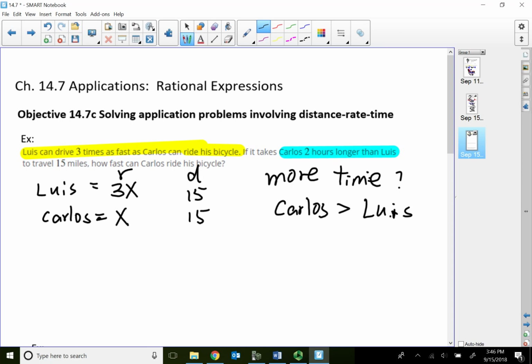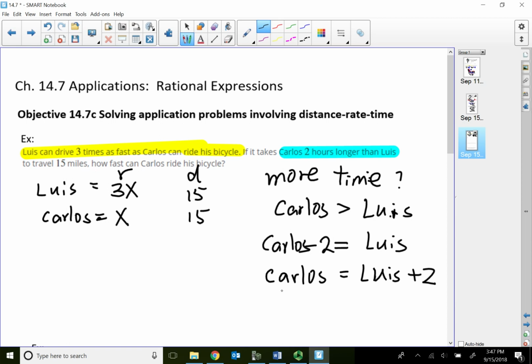Carlos takes 2 hours longer than Luis. To make their times equal, Carlos would need to subtract 2 hours to equal Luis' lesser time, or Luis can add 2 hours to equal Carlos' time.